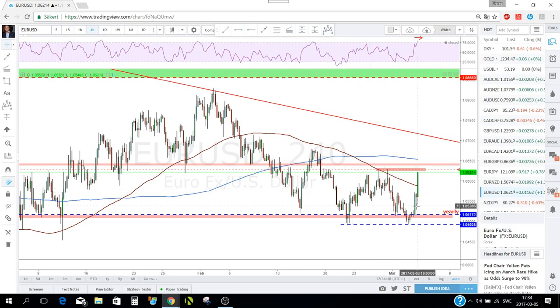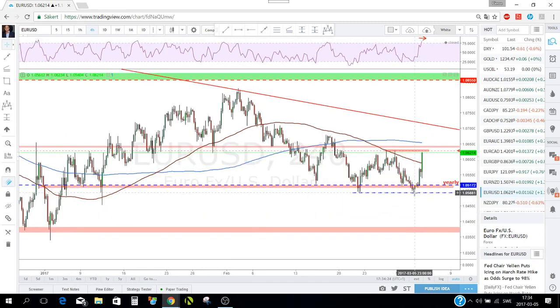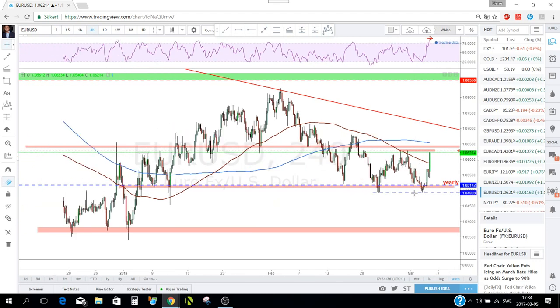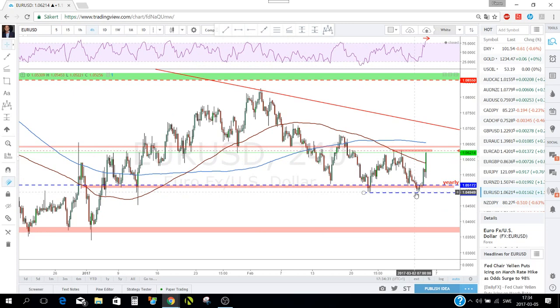But when you look at this move at the moment, you get a little bit scared. It's a very strong move to the upside, but it's not the first time we have a strong move that just stopped like it hit a wall. Nothing has changed in the downtrend yet.